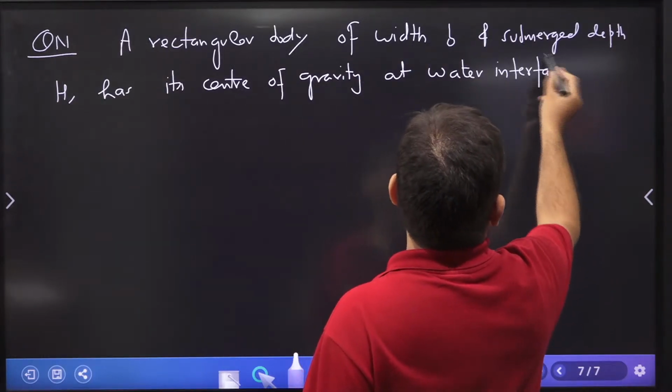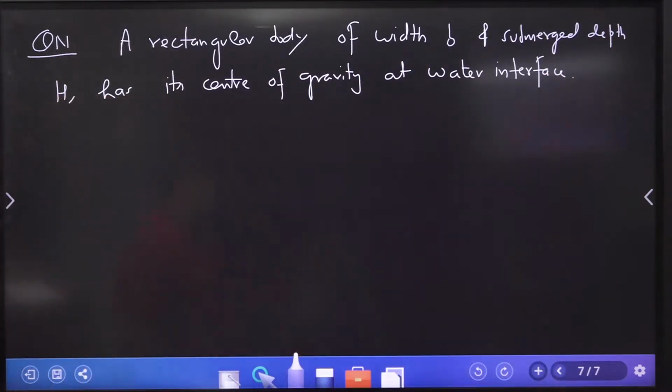So write this statement in your copy, keep writing the question. There is a rectangular body of width b, it is submerged up to depth H and has its center of gravity at the interface.